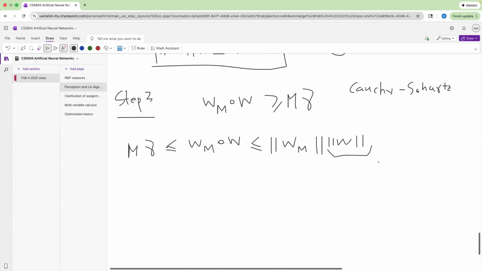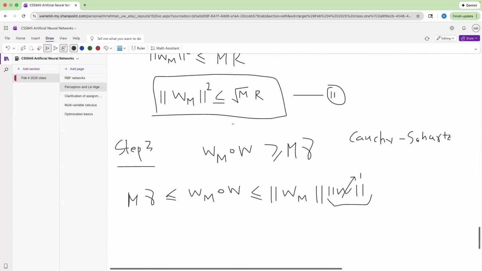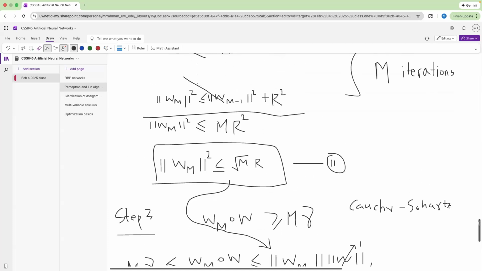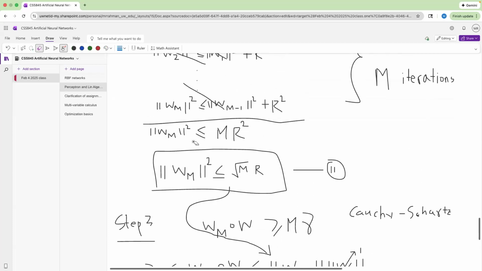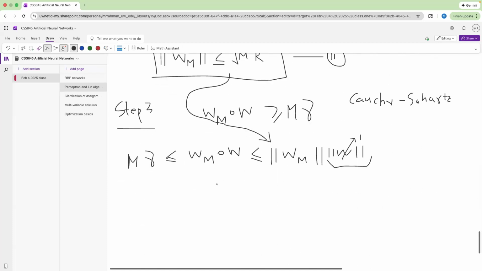Okay. So this is going to be 1, and then we can plug this into here, right? I made a mistake here, so there is no square here. But we can now plug in this upper bound into here. So what we're going to get is that this is going to be less than or equal to square root of m times R.